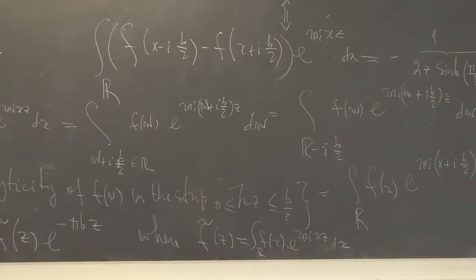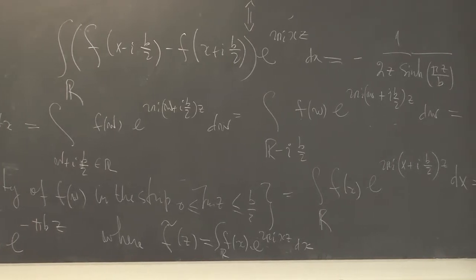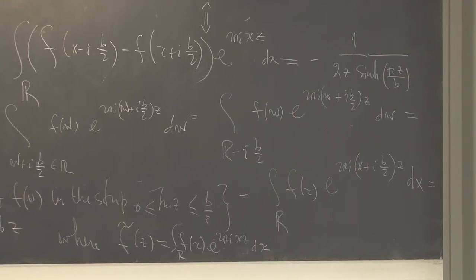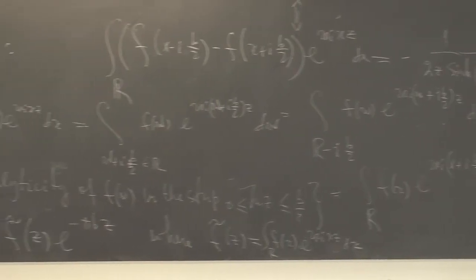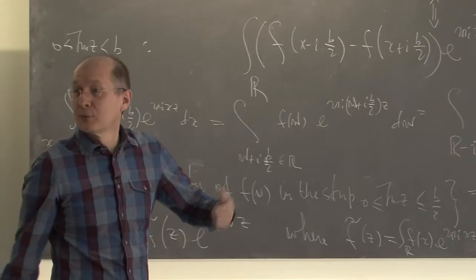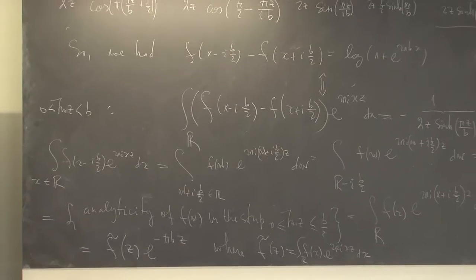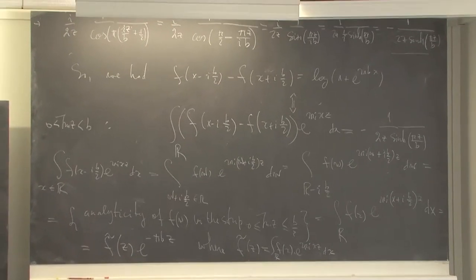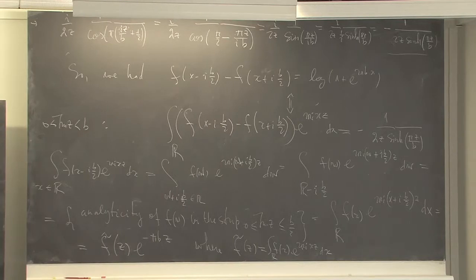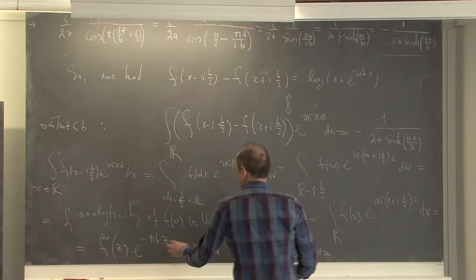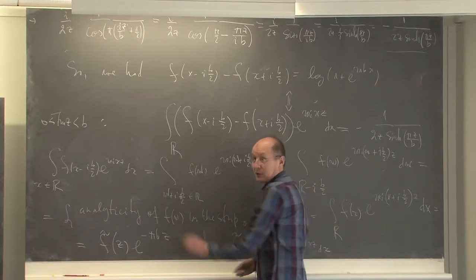The second term is treated similarly, but the only thing that is different is that we move everything downwards, right? We assume that our function is analytic on the symmetric strip, at the positive imaginary parts and the negative imaginary parts. So the same argument; what changes is only the sign of that exponential.